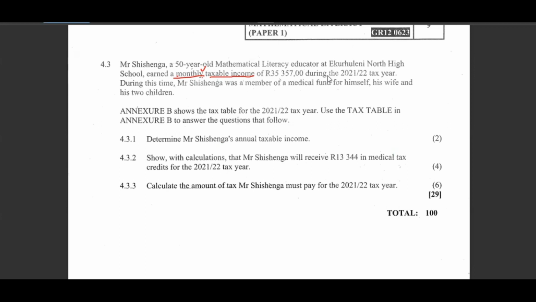During the 2021 to 2022 tax year, Mr. Shishenga was a member of a medical fund for himself, his wife, and 2 children. Keep this in your head. These are 4 people on the medical credit. Remember, we call them medical tax credits. Use annexure B. We shall look at annexure B soon.